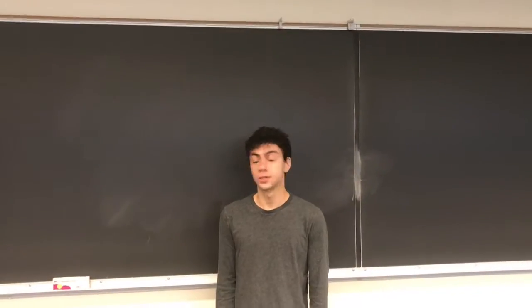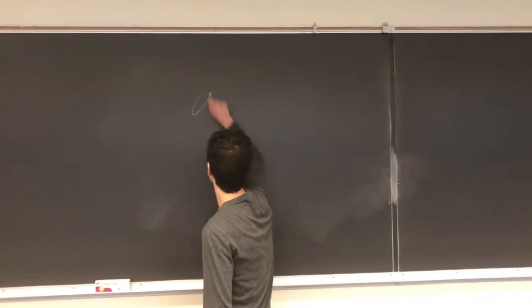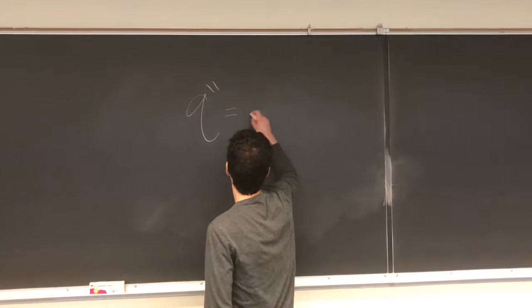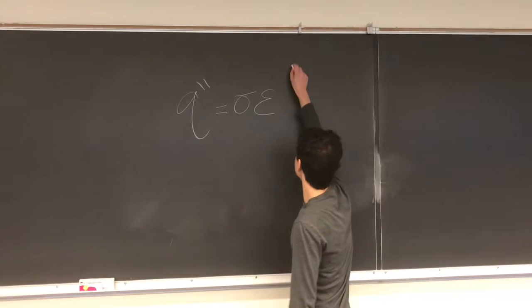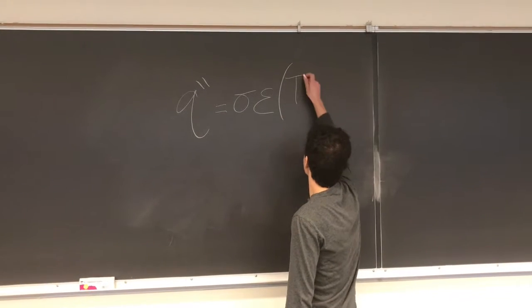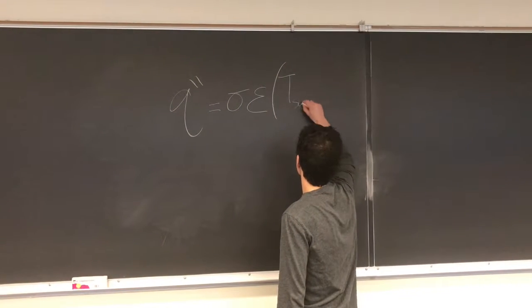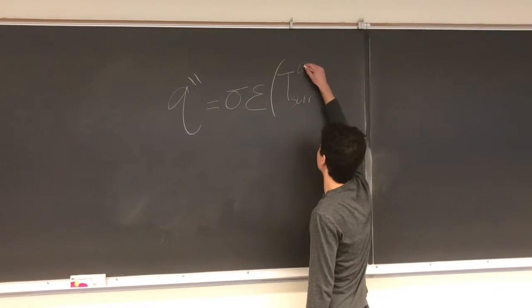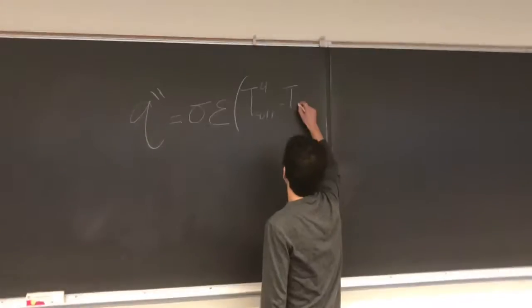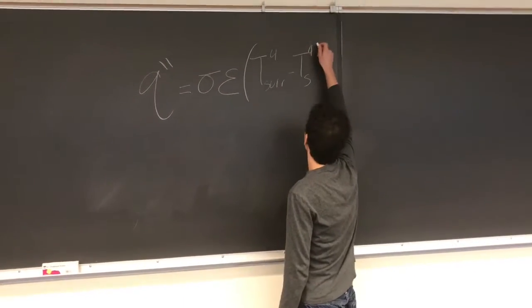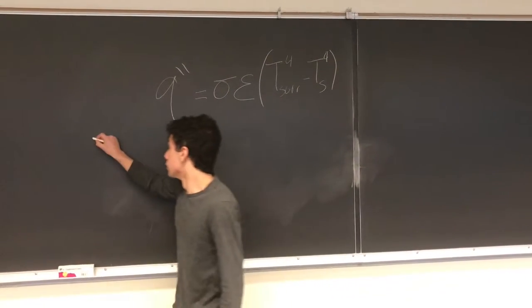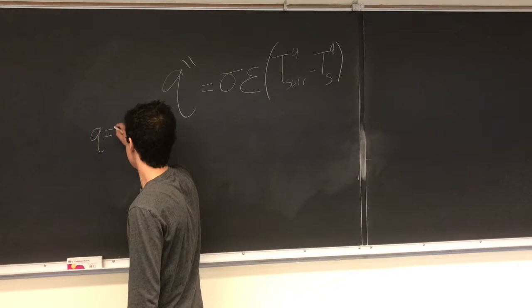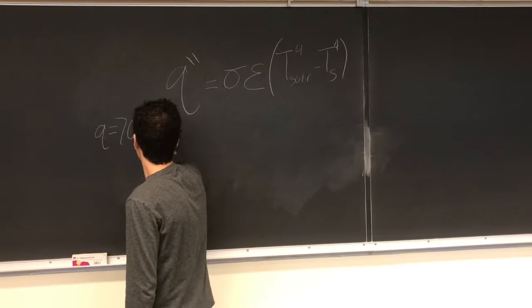The constituent equation for radiation is heat flux is equal to the Stefan Boltzmann constant times the emissivity of your material times the temperature of your surroundings to the fourth power minus the temperature of your material also to the fourth power. Now, for the microwave, your total heat exchange rate is equal to 70 watts.